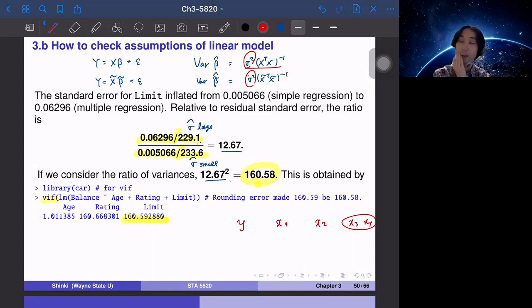For example, if most movement of y is explained by x3 and x4, then even if x1 and x2 are highly correlated, probably it doesn't really matter, since the beta hats are small, right? So in such a case, it's not really problematic.